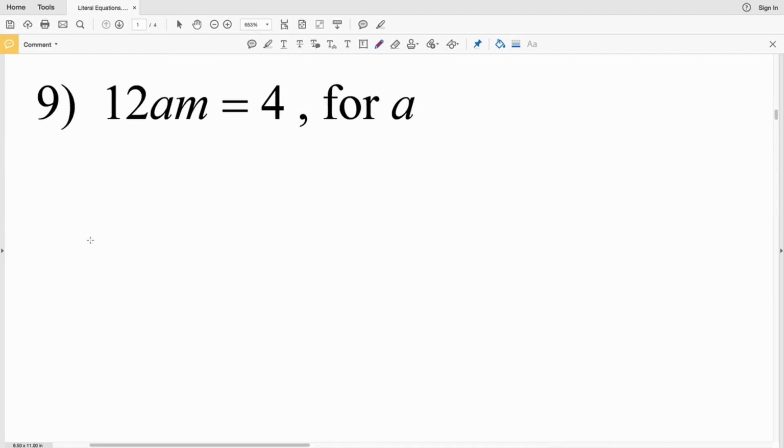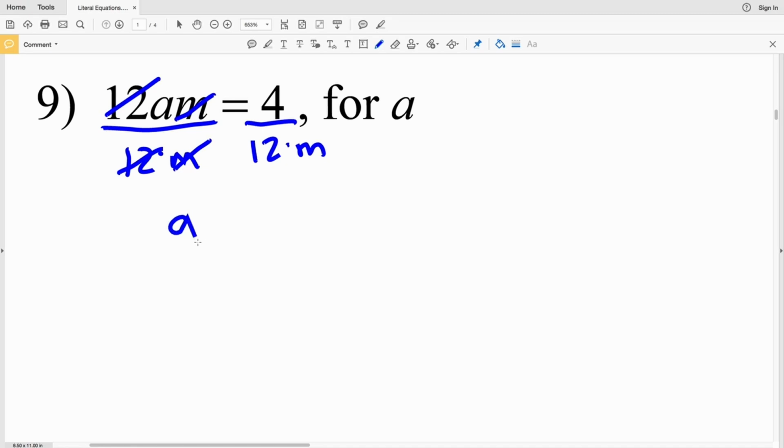In number 9, we have 12 times a times m equal to 4, and we're solving for a. We're going to do that by dividing by 12 and dividing by m. But we can just divide by 12 times m in one step. When we divide by 12 times m, the 12 will cancel out on the left and the m will cancel out on the left.